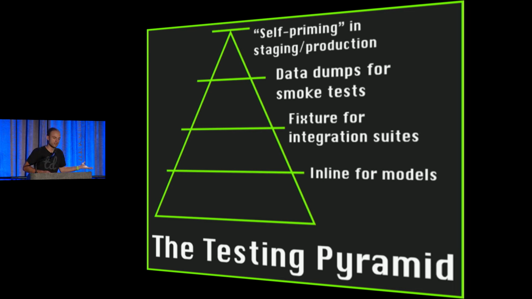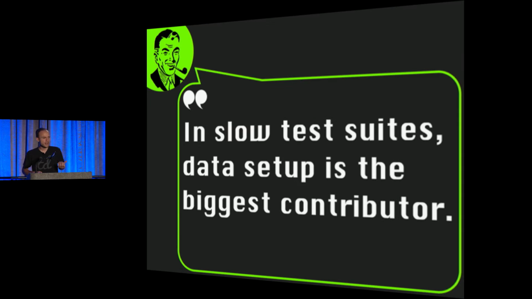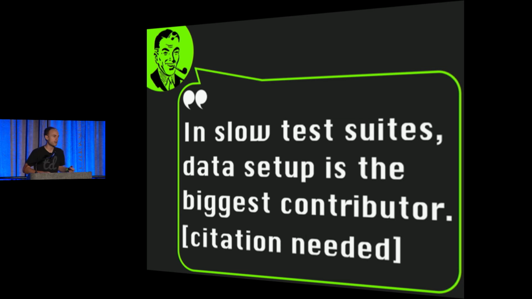And then if you're testing against staging or production, you probably shouldn't have direct database access. So you probably have to write something that's more like a self-priming kind of thing, to create the things that you're about to put under test. And in slow test suites, I've really noticed that data setup is usually the biggest offender, the biggest reason why each individual test is slow. Citation needed.